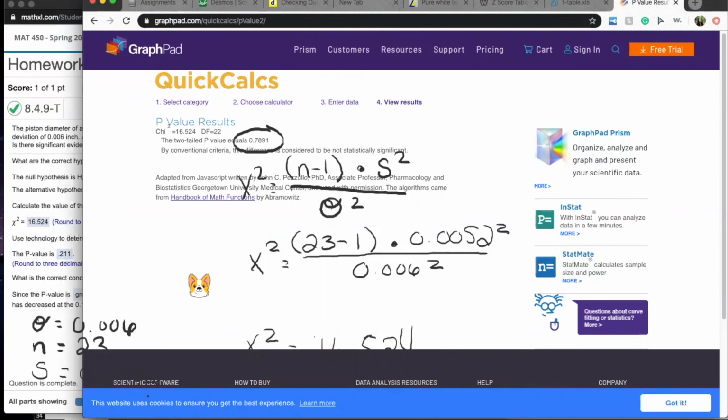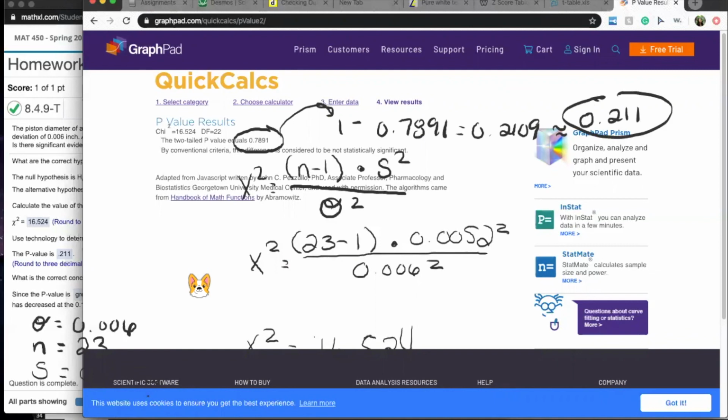But if we take 1 minus 0.7891, we'll be left with 0.2109, which if we round would be 0.211, just like our digital output, which is what I have over here.